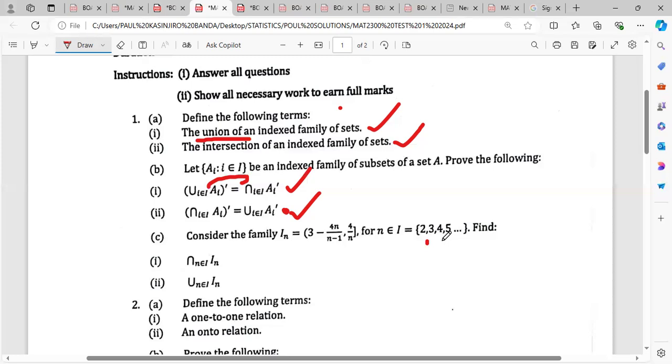So the easiest way is just to start substituting these numbers. You substitute 2 into this one, substitute 3, substitute 4, and then you plot the points that you're going to get on the number line, and then you see the pattern that you're going to get. I think that's the easiest. Okay, let me not use that method, it may be difficult.